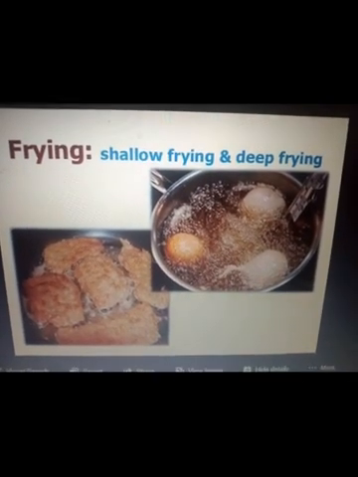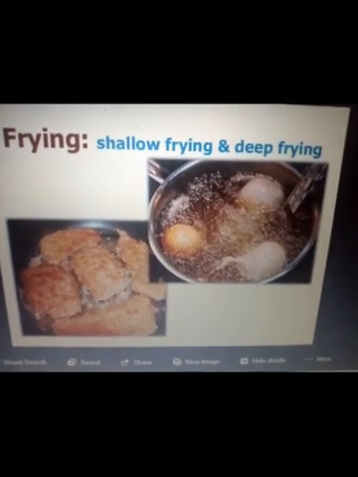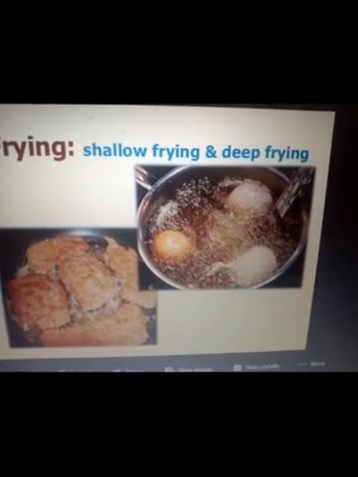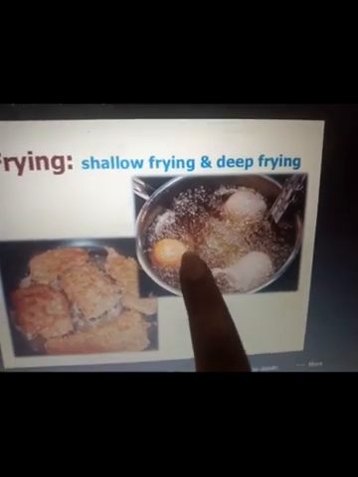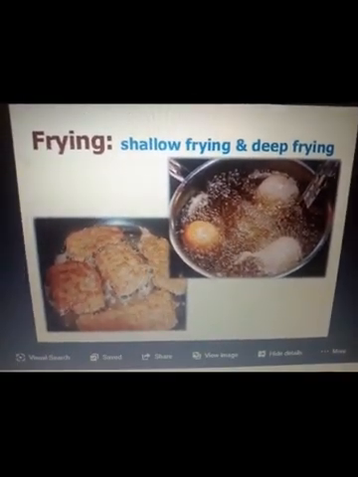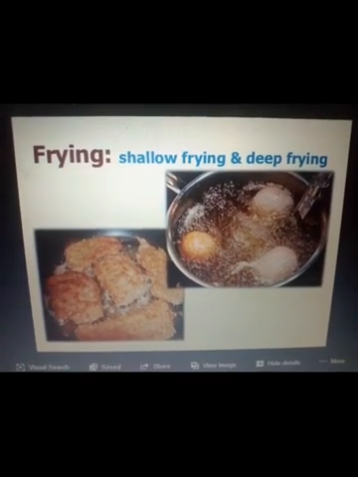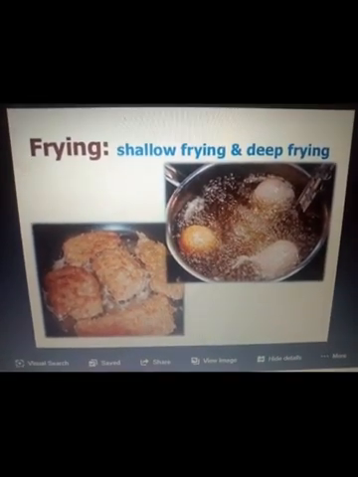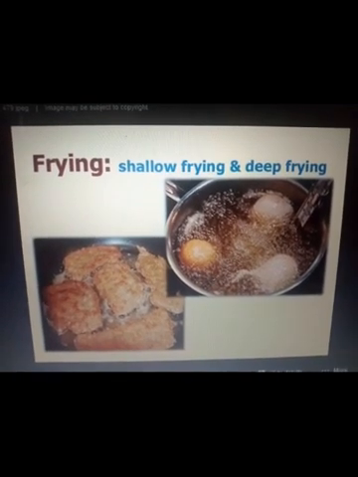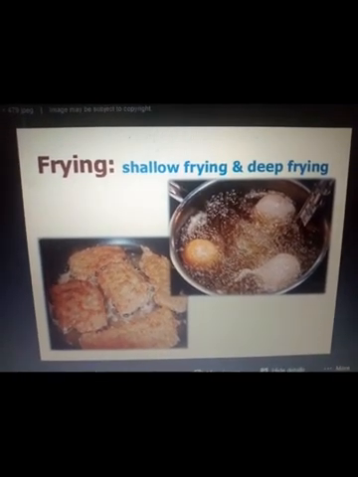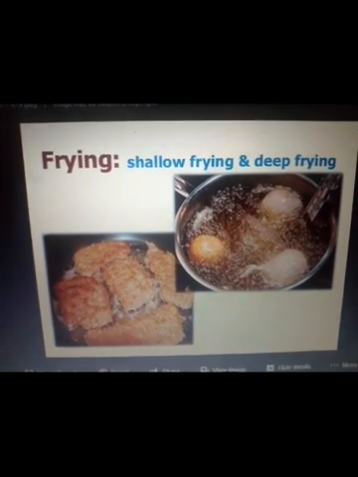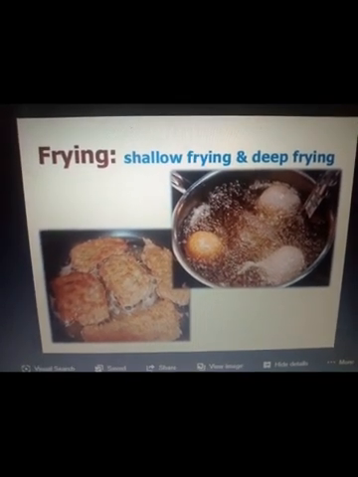But in deep frying, the food is cooked in a lot of oil. For example, pakoras. In deep frying, we need a lot of oil. So this is the difference between the two.